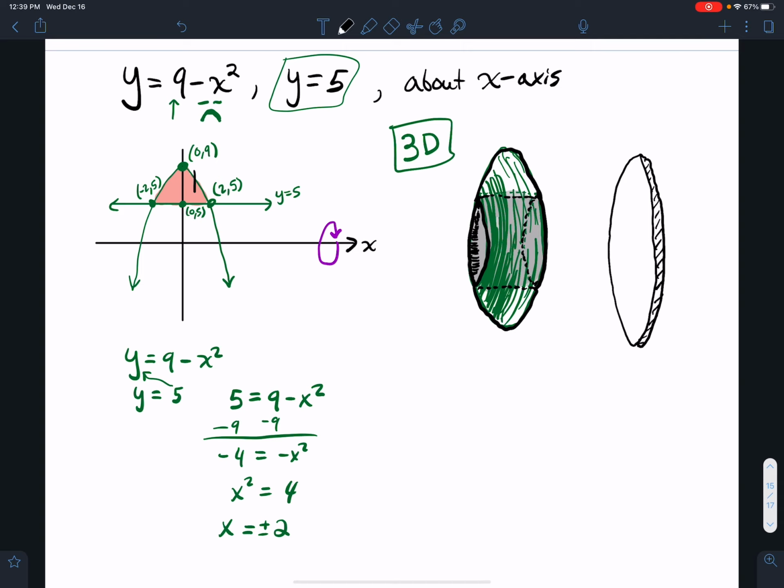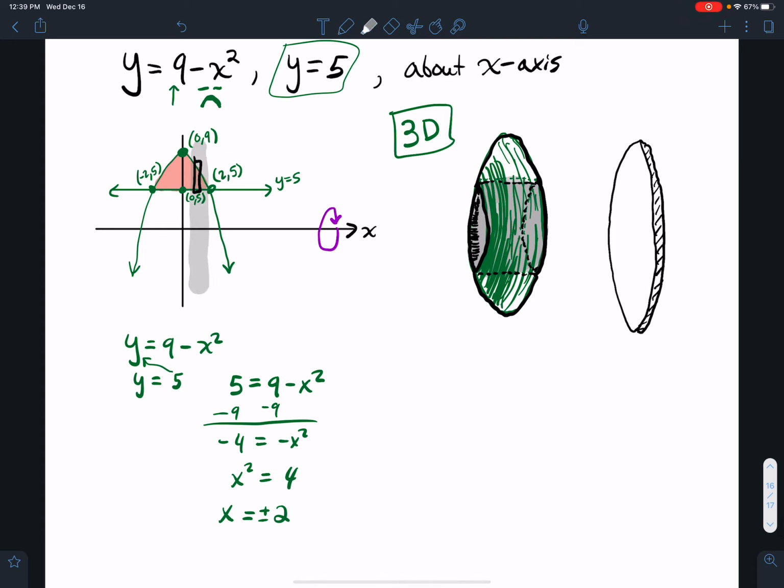They're perpendicular rectangles to the axis that you're revolving about. So this is perpendicular to the x-axis. And then the center is torn out. Kind of like that right there.